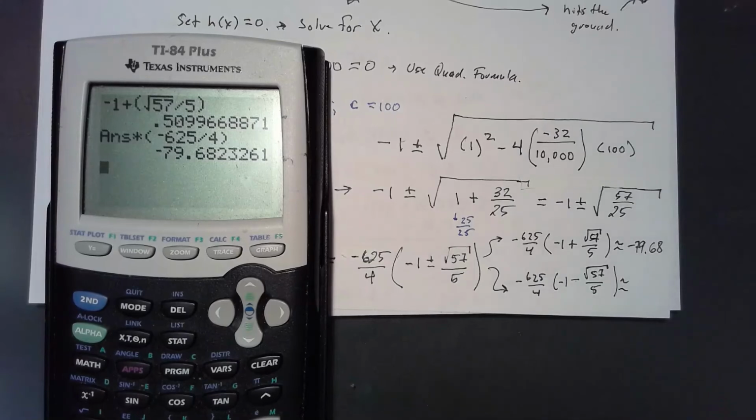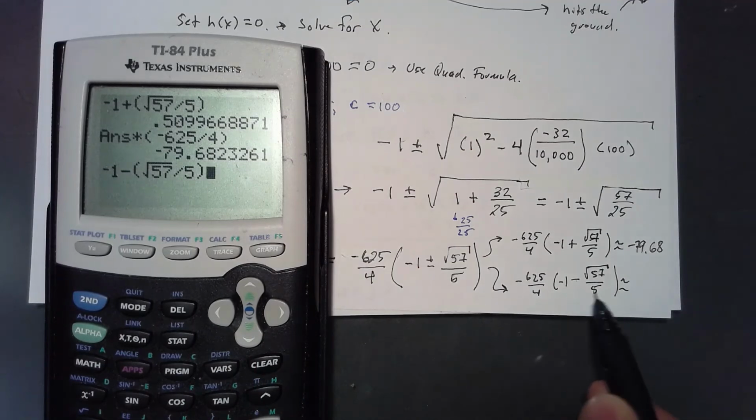Now let's do the other one. So I'm going to have negative 1 minus the square root of 57 over 5. That's this part right here.